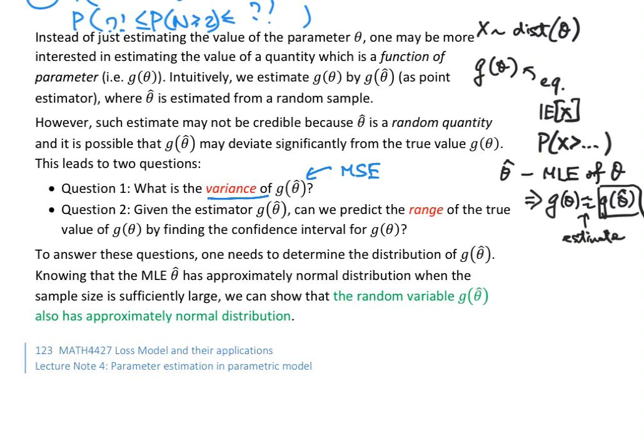Another important thing is, because g(theta hat) may deviate from the true value, we want to find the range of the true value of this g(theta), meaning that I want to find the confidence interval for this.